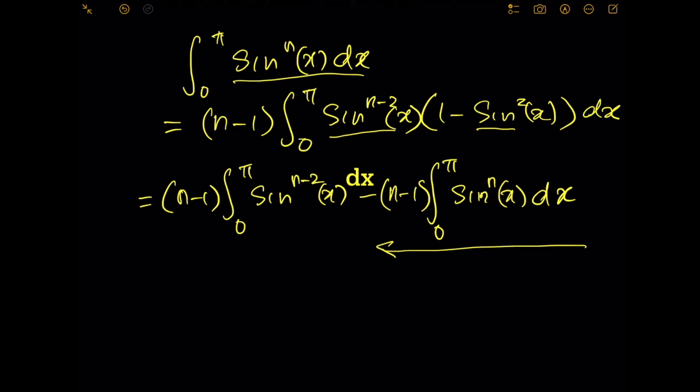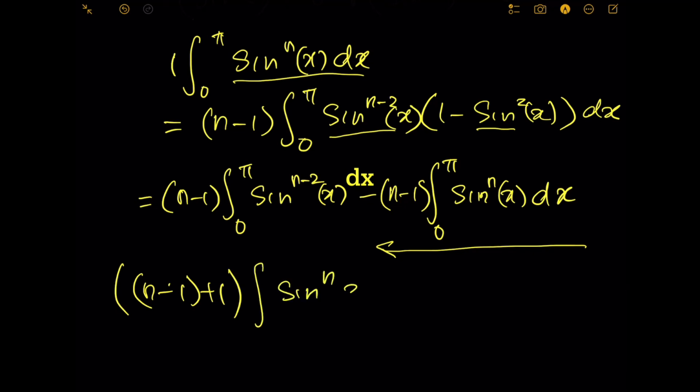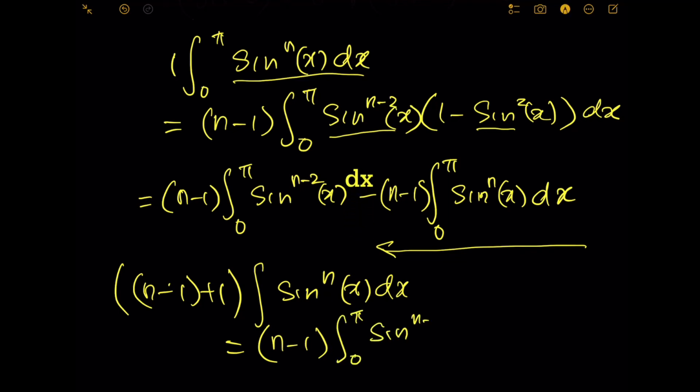We have n minus 1 plus 1. Why? Here is the original 1. Multiply the integral sine power nx dx is actually equal to n minus 1 integral 0 to pi sine power n minus 2x dx.